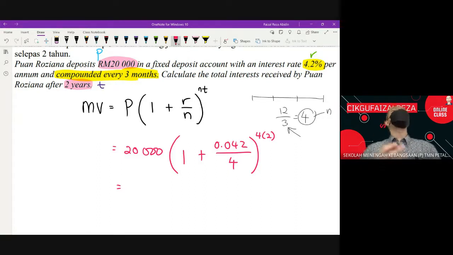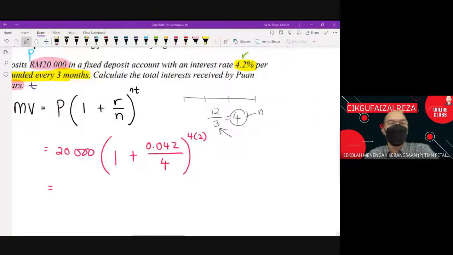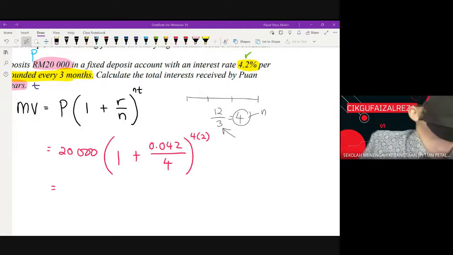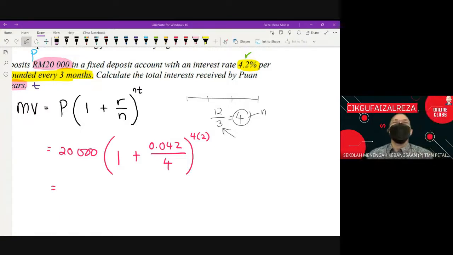There, how to use the calculator is also important here. If wrong, you are going to get it wrong. Use of calculator also you need to know. If not, bye-bye. Don't straight away go to the power of 8.